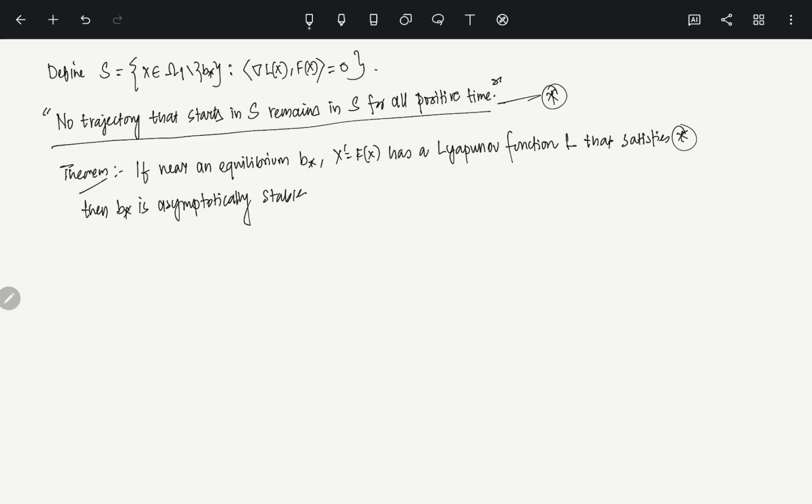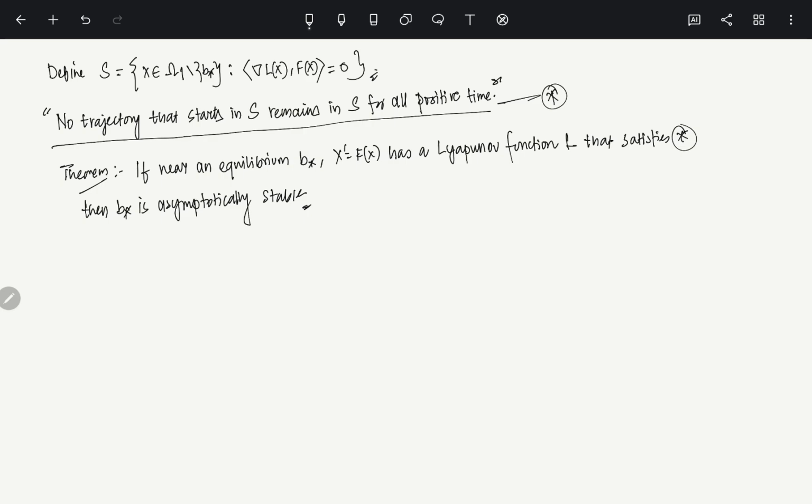It's not a very difficult thing to see. Basically, the set S is where the trajectory is not decreasing; it is basically constant.